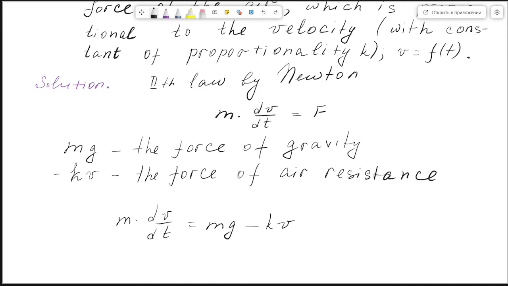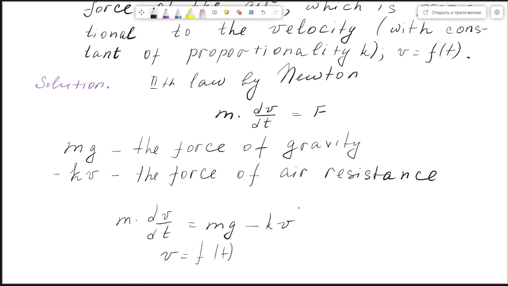To solve the differential equation is to find a function v is f of t such that it identically satisfies the given differential equation. There is an infinitude of such functions.